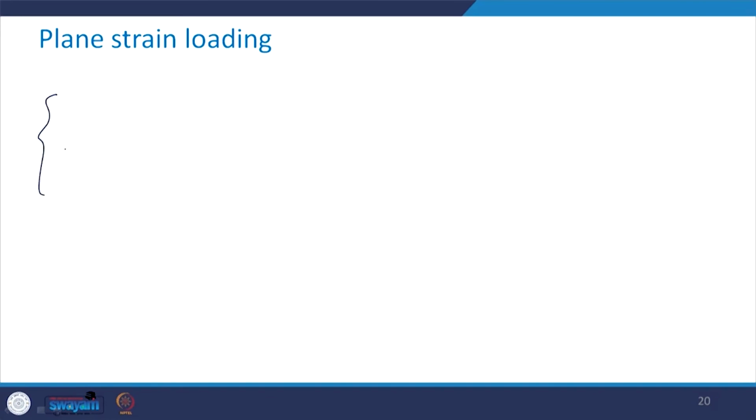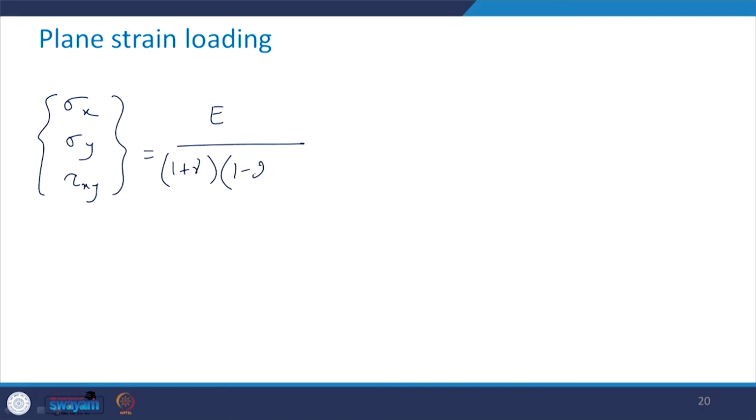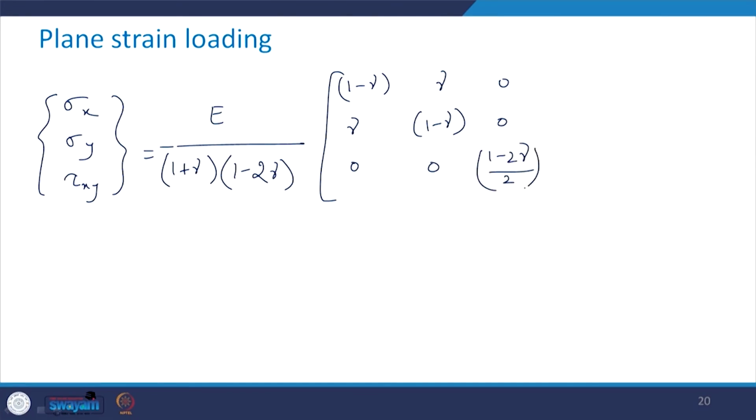So we have sigma x, sigma y and tau xy equal to E upon 1 plus nu into 1 minus 2 nu, and then this matrix: 1 minus nu, nu, 0; nu, 1 minus nu, 0; 0, 0, 1 minus 2 nu upon 2.